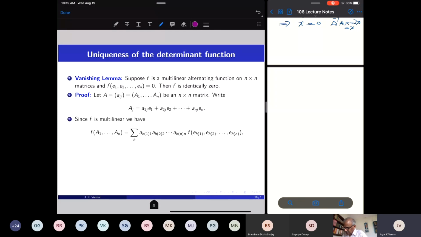Right? Now, f is multilinear. So once I write each column vector as a linear combination of e1, e2, en, I follow the process that I followed for 2 by 2 matrices and apply the multilinear property and alternating property. And finally, I will get a sum where I will have a permutation of e1, e2, en. So these e1, e2, en are coming in a certain order, right?